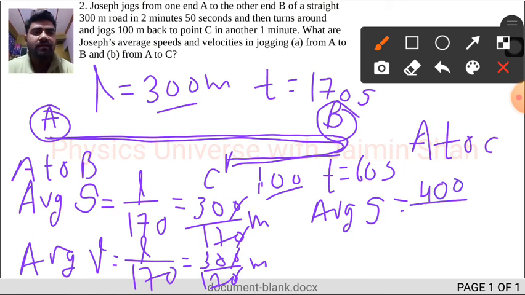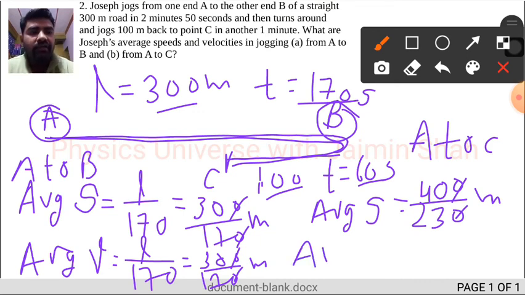And the total timing is 170 plus 60, that will be 230. So by division, whatever the answer is, that is our average speed for the A to C journey.